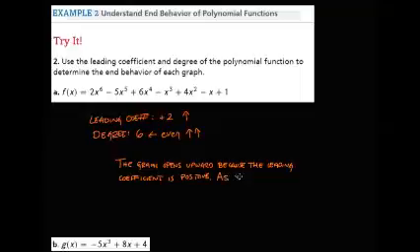As x goes to negative infinity, y goes to infinity. Sorry, I wrote negative infinity, erase that negative part.